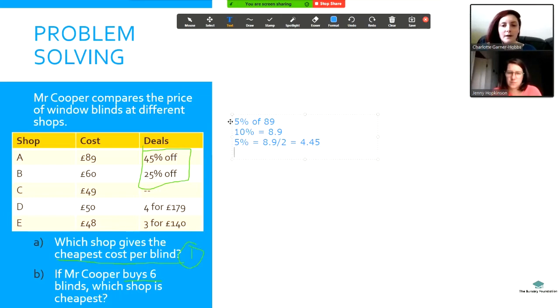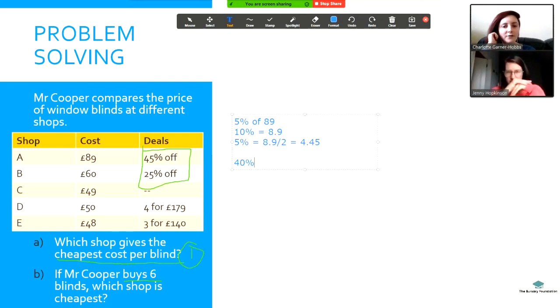So if I want to find 45% then, what we could do is say, well, I need to do 9 times 5%. I'm not sure if I want to do 9 times 4.45 looking at it. So let's find 40%, if we're doing it the way where we're finding 45% off.